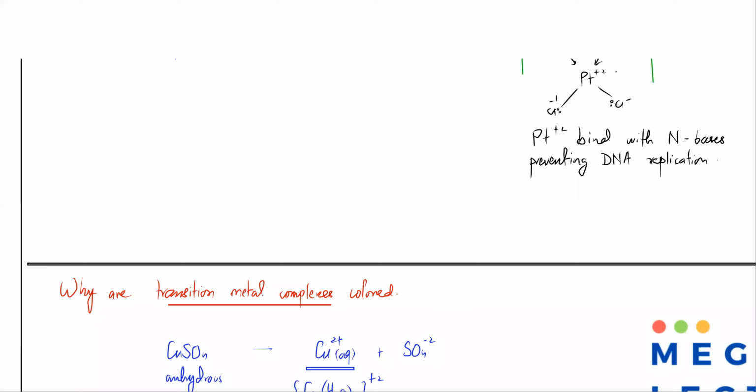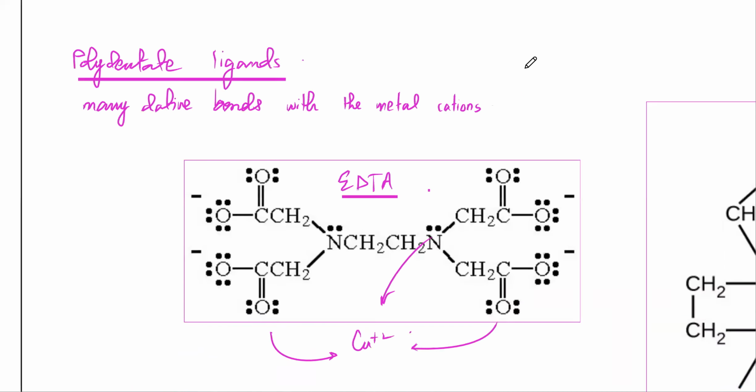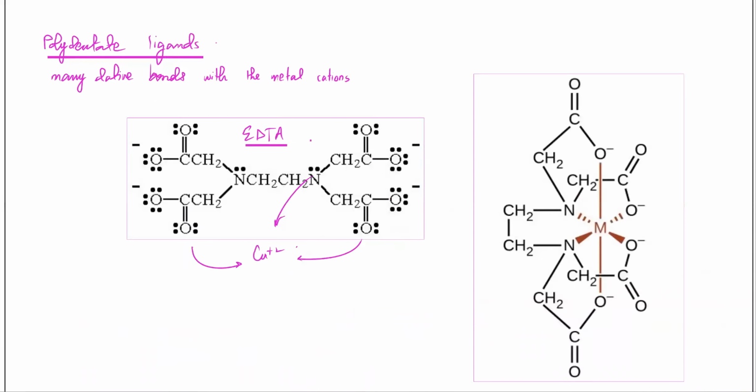So this one, again, ligand exchange. And this is an example of a polydentate ligand.